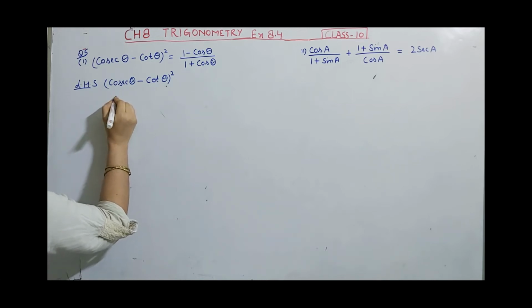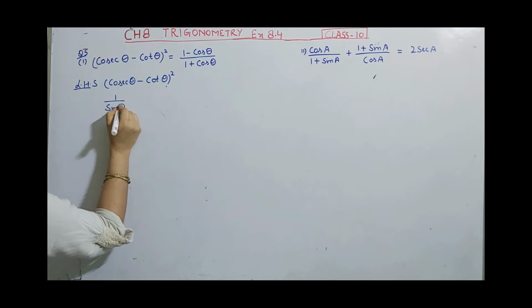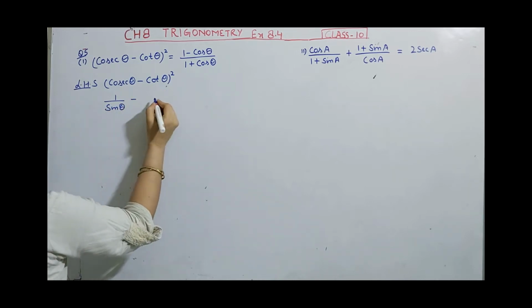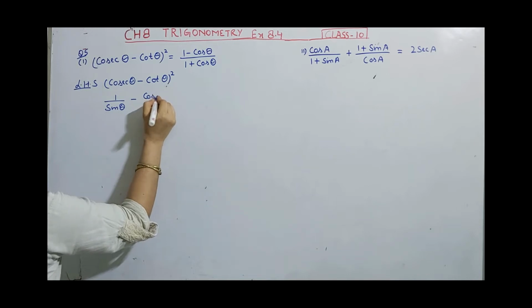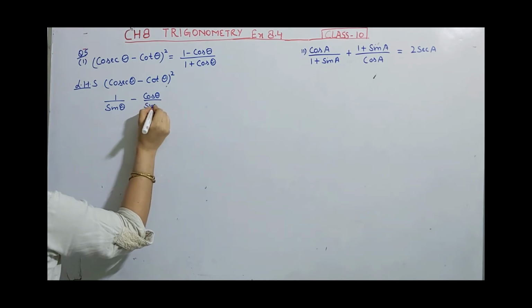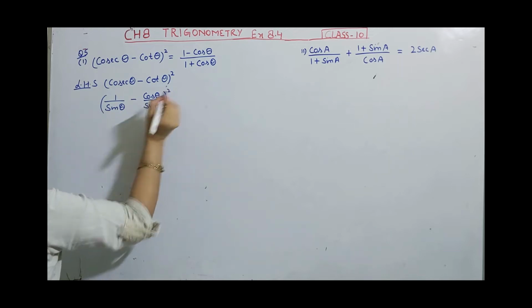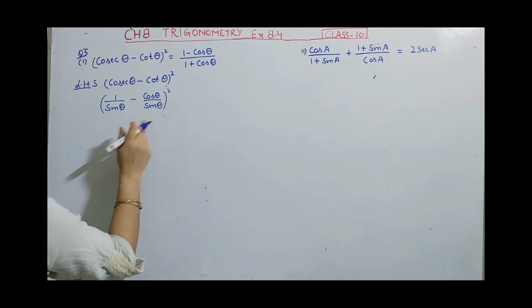Cosec theta is the reciprocal of sin theta, 1 upon sin theta, and cot theta is cos theta upon sin theta, and this is squared. From the formula, now take the LCM.